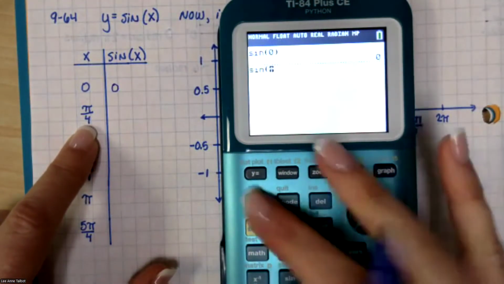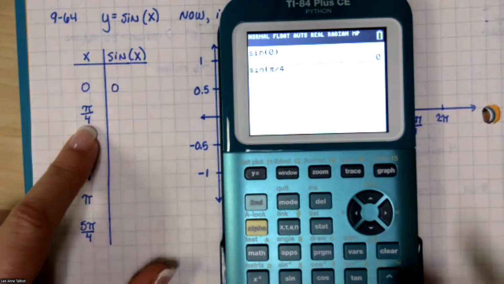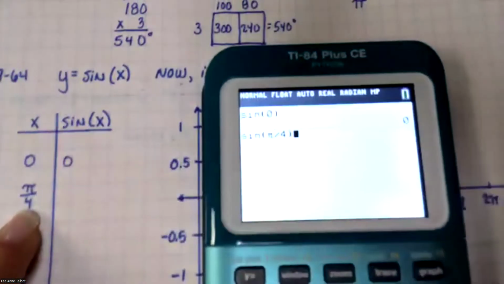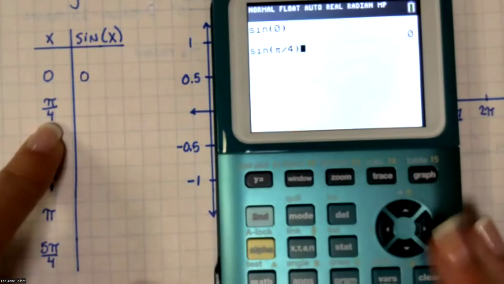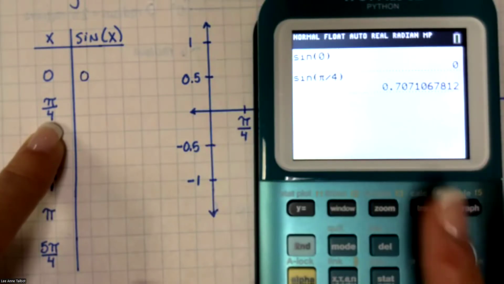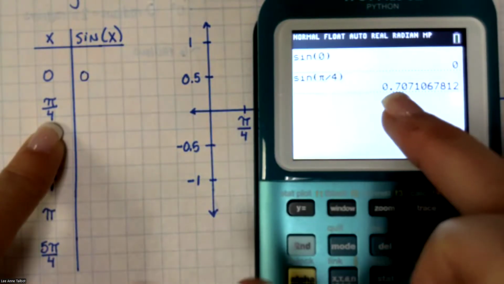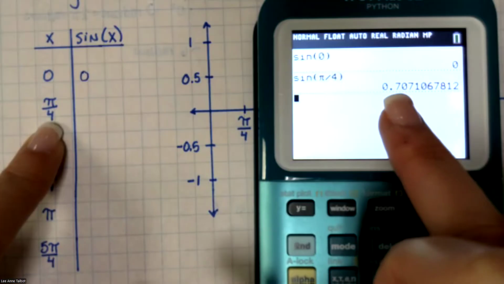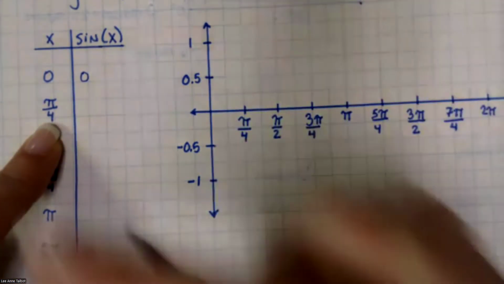Sine pi over 4. Again, the pi button is located over here above the exponent. You just have to hit second and then the caret. Okay, now this should be comforting. Have you seen that number before? Yeah, okay.